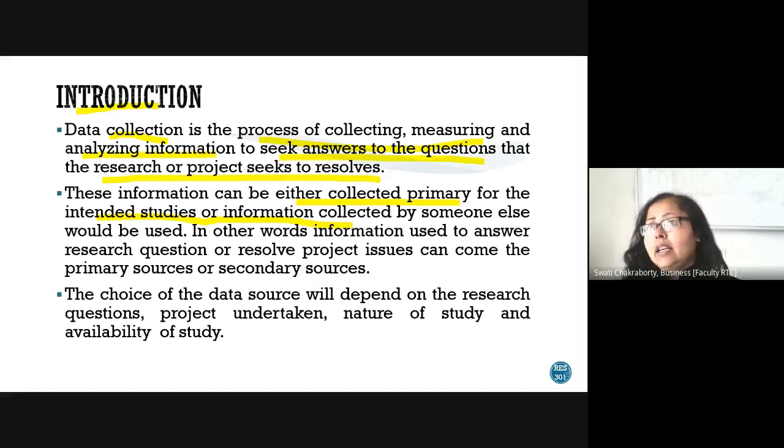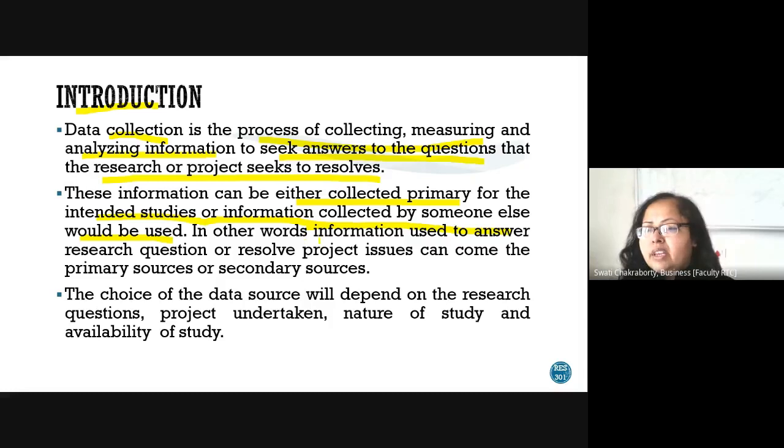The other is when you're using information which is collected by someone else, and that's called secondary data. Whichever method you use, the main purpose is to collect the information that you need for your research or projects.